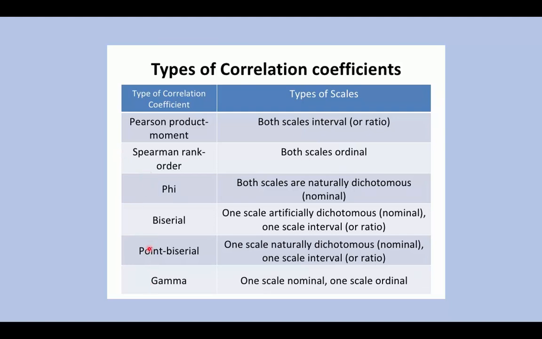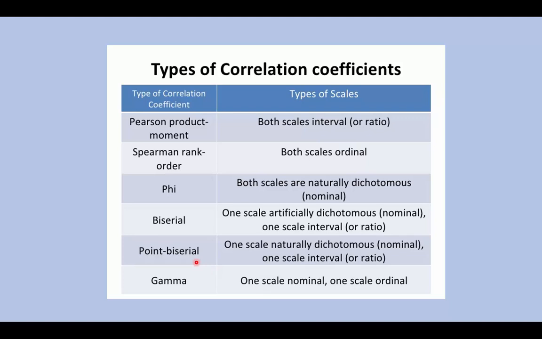The rest of the correlation types, phi, biserial, point biserial, and gamma, are used to compare either nominal to nominal, as we see with phi, nominal to an interval or ratio scale, which we call biserial, and this variable is usually dichotomous, which means there are only two options.